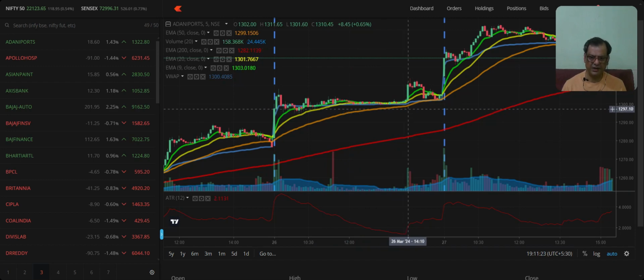Then all of a sudden you have a consolidation breakout, and we wouldn't know that this is going to break out. This is all in hindsight. You've got a good volume of around 6 times, and 0.65% up. But you would not know that it's going to break out here. So again, this is hindsight.